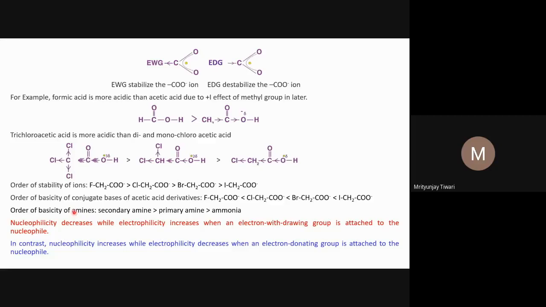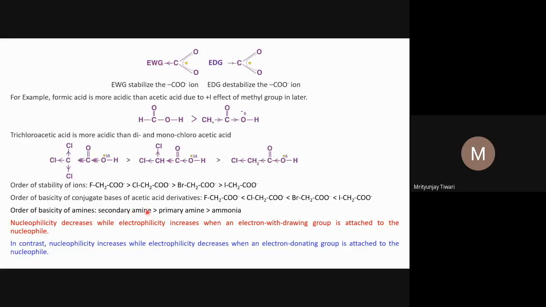If you look at the basicity of amines, secondary amines are more basic than primary amines, and primary amines are more basic than ammonia. This is because alkyl groups have a plus I effect, and because of it some electron density is pushed towards the nitrogen, which increases the stability of the positive charge that appears because of the donation of the lone pair.